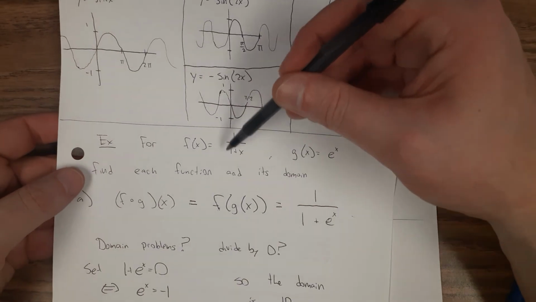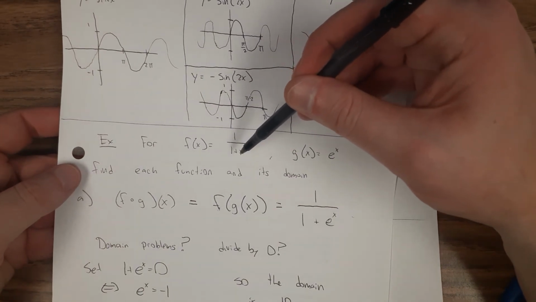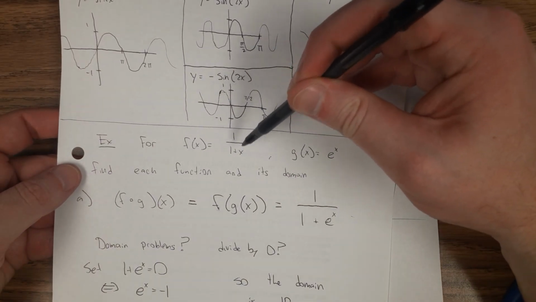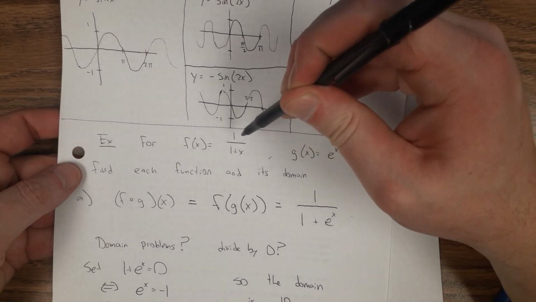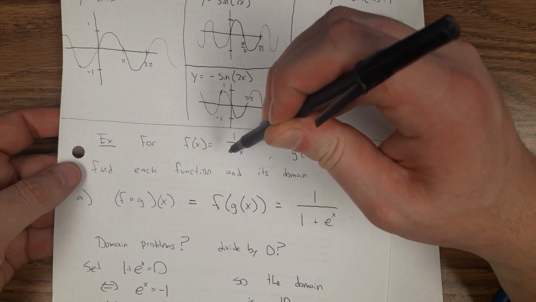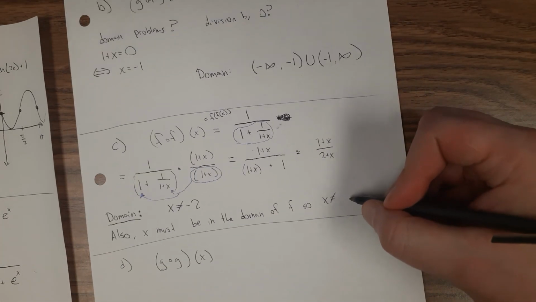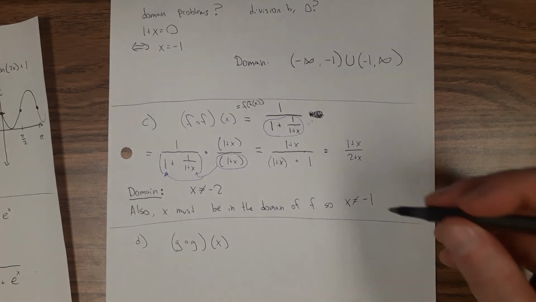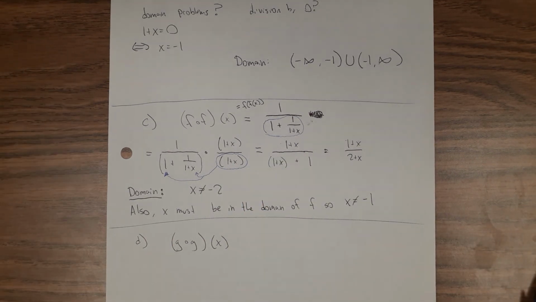F is this function, 1 over 1 plus x, and the domain of this is really simple. Once again, the only thing to really worry about here is dividing by 0, and the value of x that would cause that is x equals -1. So x also can't be -1.